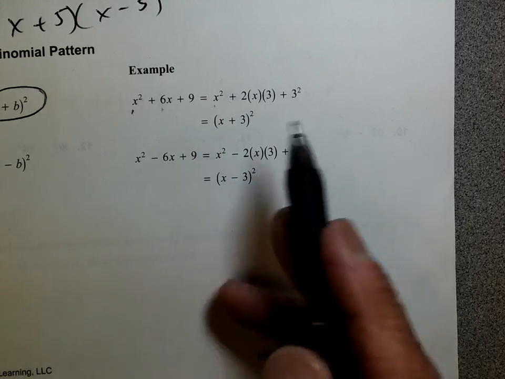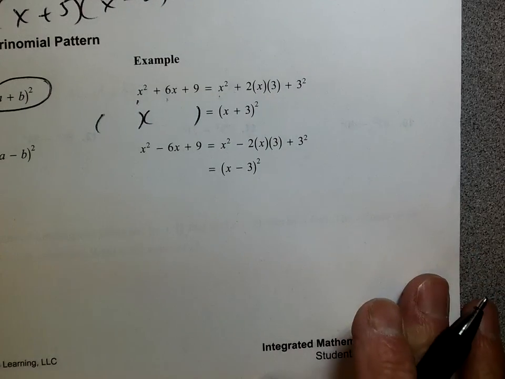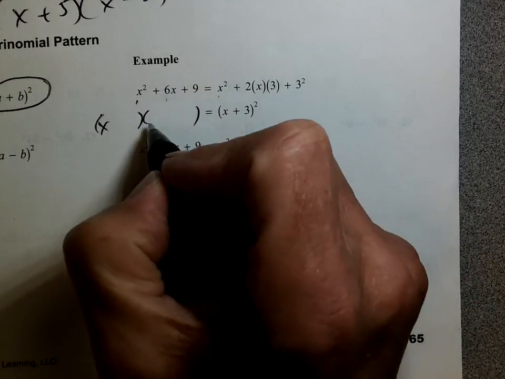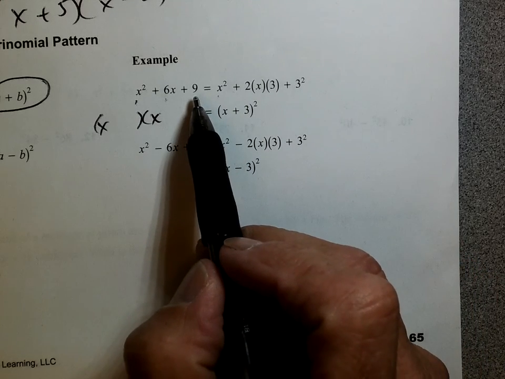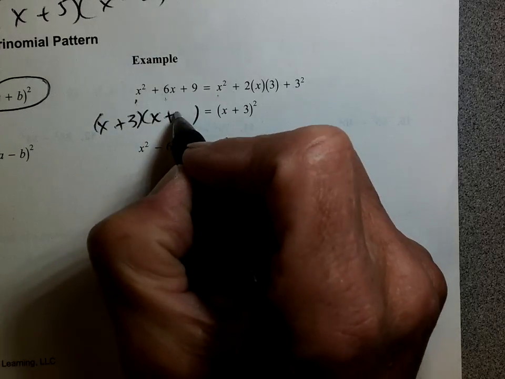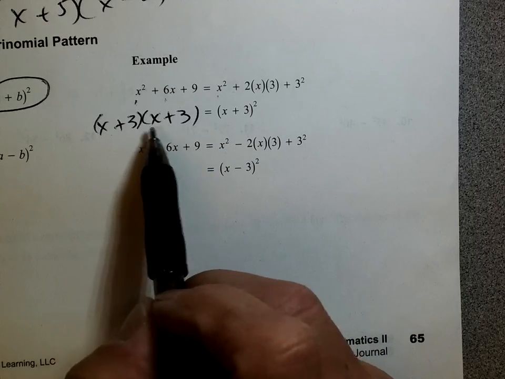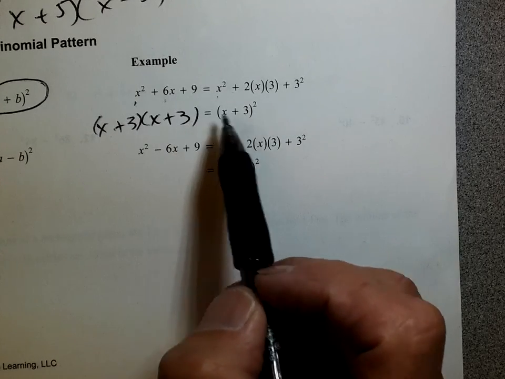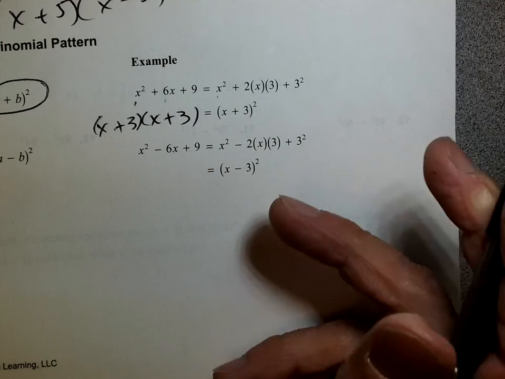If I need to factor this, we do our parentheses, x and x. What are the multiples of 9? That's easy, 3 and 3. And 3 plus 3 makes 6, so it'll be a plus 3 twice. Since there are two of them, we can write it as x plus 3 quantity squared.